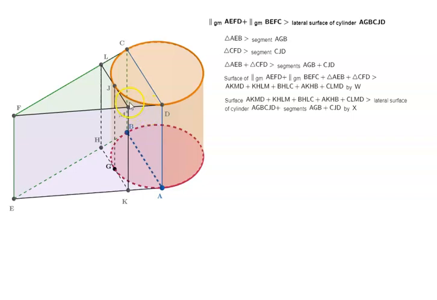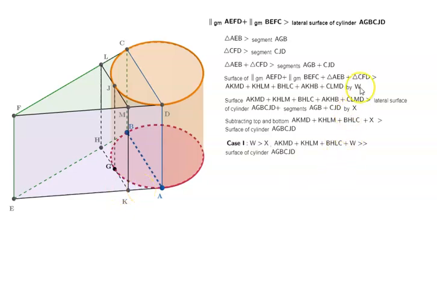And let's say the difference between these areas is X. Now subtracting top and bottom, we end up with AKMD plus KHLM plus BHLC and whatever is the excess, that is X, is greater than the surface of the cylinder AGBCJD. The top and bottom has been subtracted.